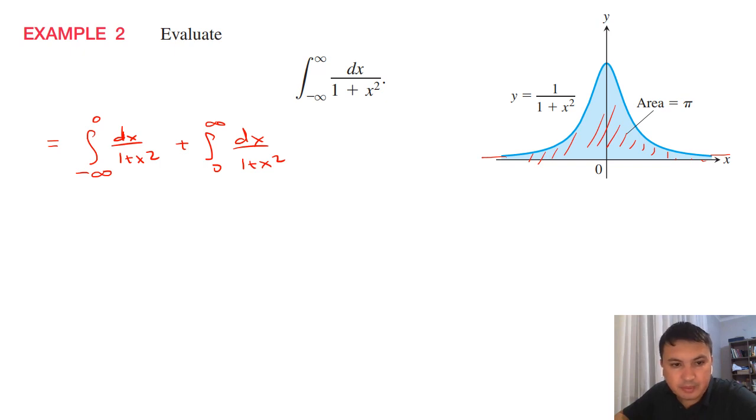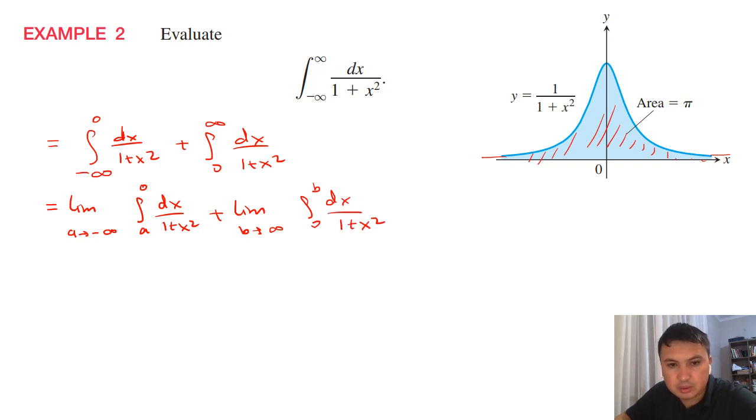So what do we get? For the first one, we need to write it as, let's say that a goes to minus infinity, the integral from a to 0 of dx over 1 plus x squared, plus the limit where b goes to infinity of the integral from 0 to b of dx over 1 plus x squared.